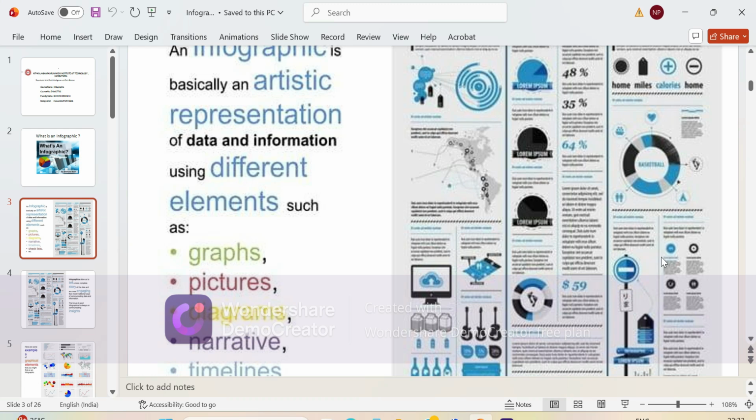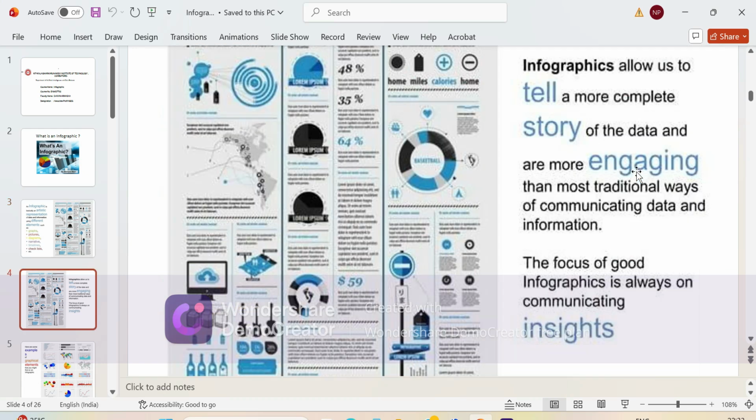So, an infographic is basically an artistic representation of data and information using different elements such as graphs, pictures, diagrams, narratives, and timelines. It could be anything to describe a particular piece of information. So, that is the main use of an infographic.